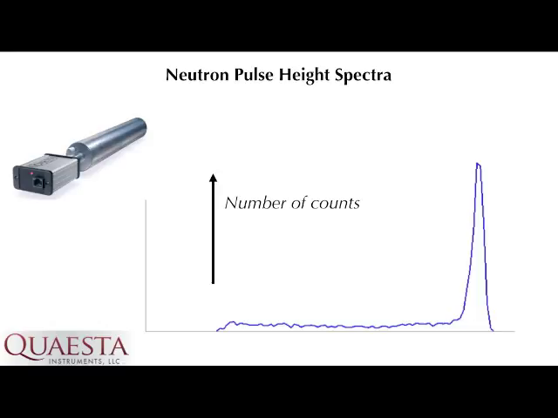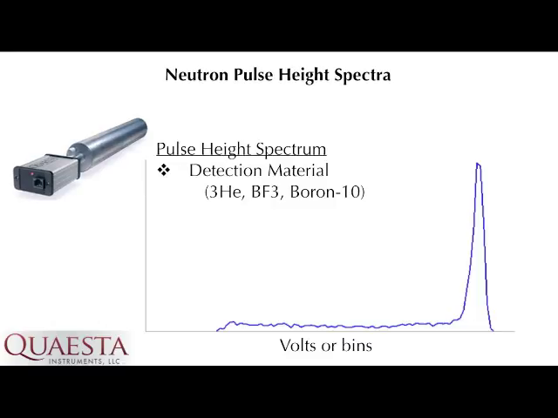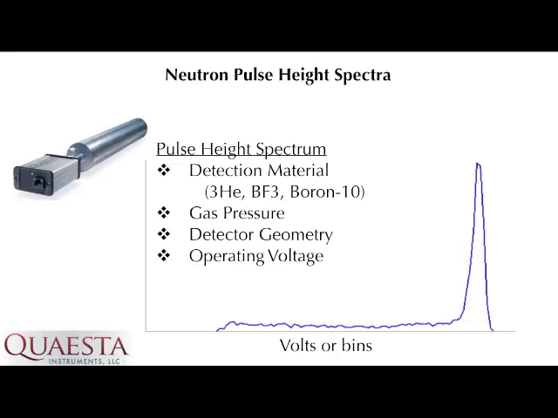The shape of the pulse height spectrum is influenced by both the underlying nuclear physics of the neutron interaction and the physical characteristics of the detector, including the type of detection material, helium-3, boron trifluoride, or boron, gas pressure, detector geometry, cylindrical, spherical, etc., and voltage.